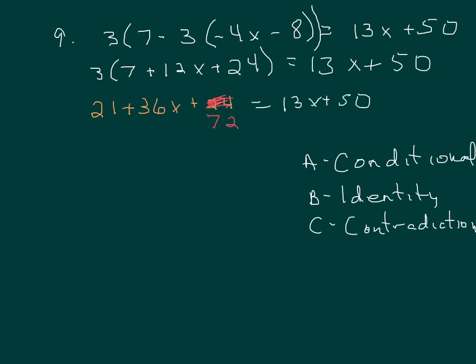Then we have 93 plus 36x equals 13x plus 50. And then let's see, you subtracted 93 from both sides, so you have 36x equals 13x minus, let's see, that would be 43.